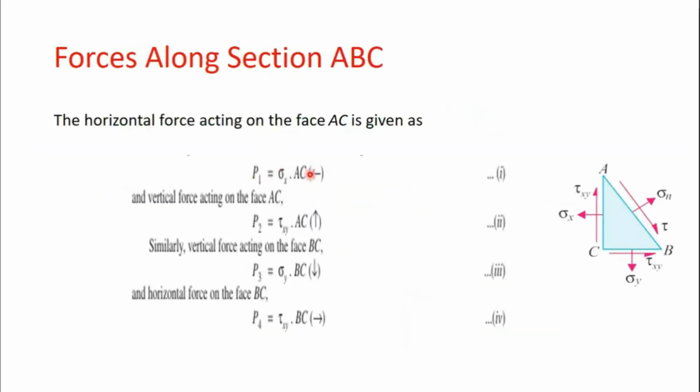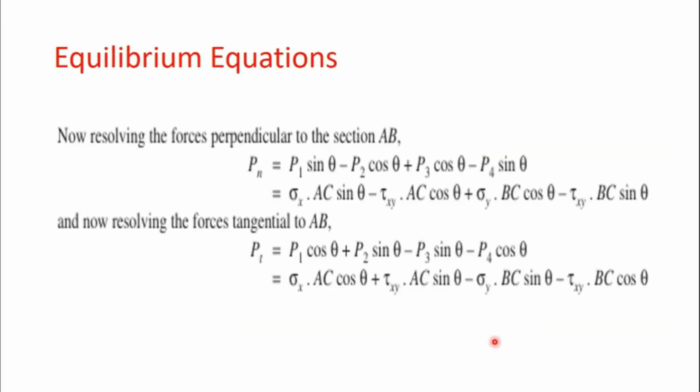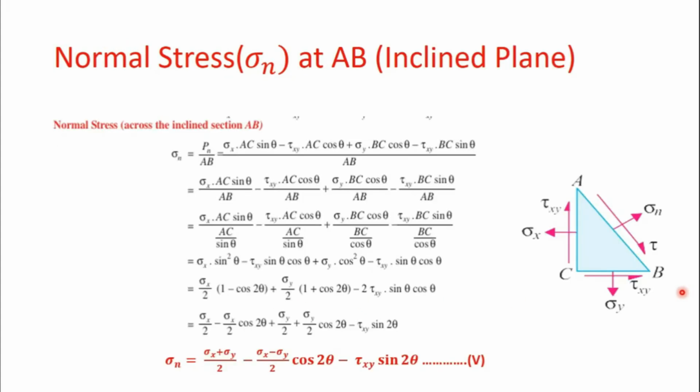P1 equals sigma x into AC, P2 equals tau xy into AC, P3 equals sigma y into BC, and P4 equals tau xy into BC. So equations 1, 2, 3, 4. The values of P1, P2, P3 and P4 are put from equations 1, 2, 3 and 4 in this equation. So we finally get Pn from this equation, and for Pt we get this equation.